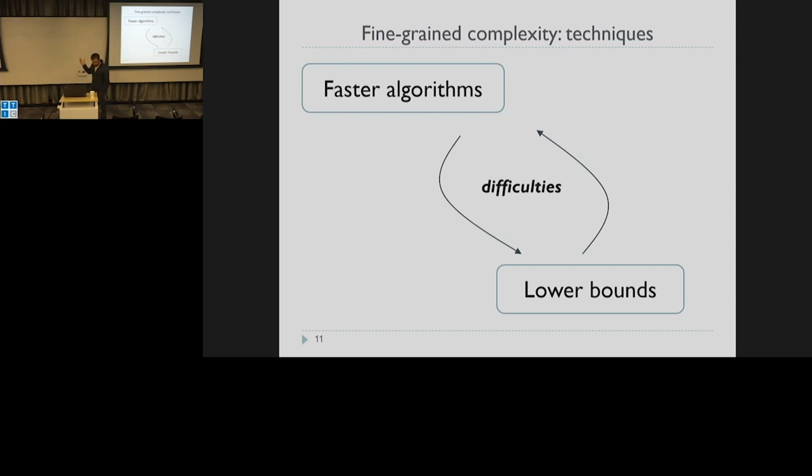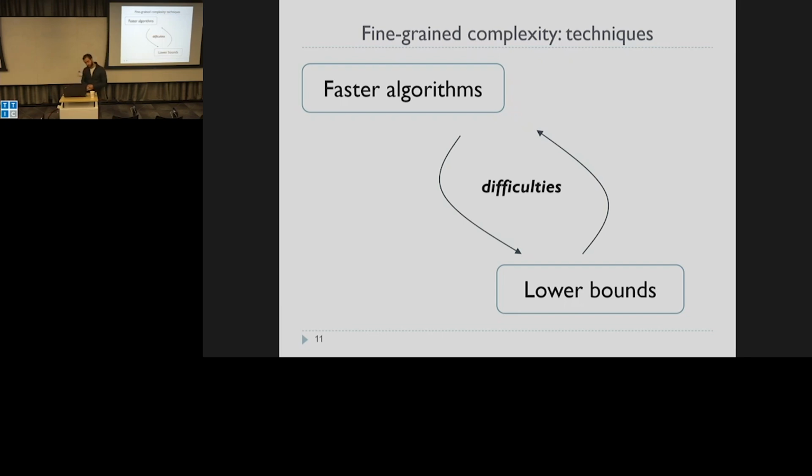So what I want to say here is that there is a symbiosis between fast algorithms and lower bounds. If you try to design a faster algorithm for a problem and you cannot, then you have a broad enough list of hardness assumptions that maybe you can show a conditional lower bound, at least for one.